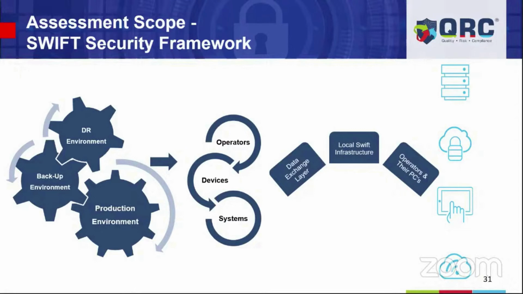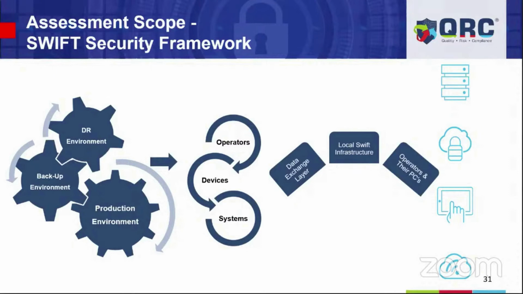It's a live environment where the transactions initiate. That is the production environment. And definitely when you have a DR environment, from a business continuity point of view, then we need to consider the DR also with respect to the security of the Swift infrastructure. So the production environment is 100% under the scope of the assessment. You should consider all the components within the assessment.